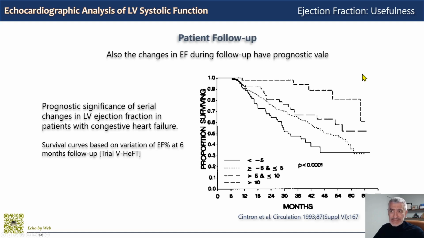And lastly, also the changes in ejection fraction, for example, during patient follow-up, have been shown to have a prognostic value, as you can see here on the graph. This is the follow-up, and you see that the change in ejection fraction has an important prognostic value. A decrease of more than 10% here is much worse than a decrease of 5%.